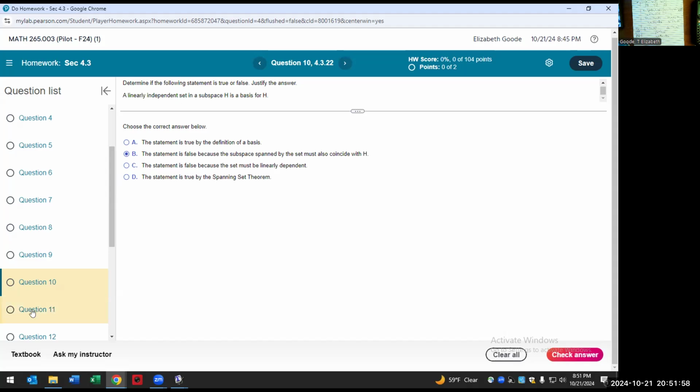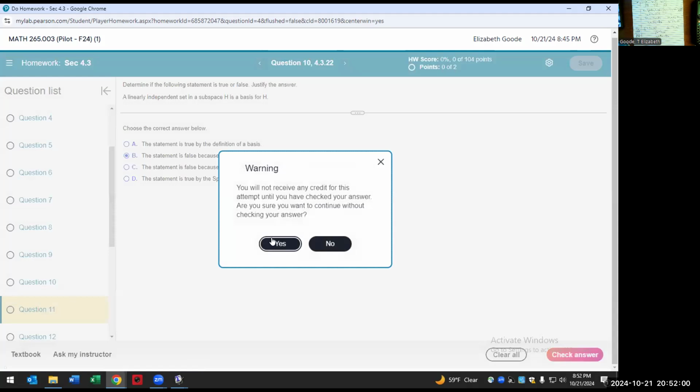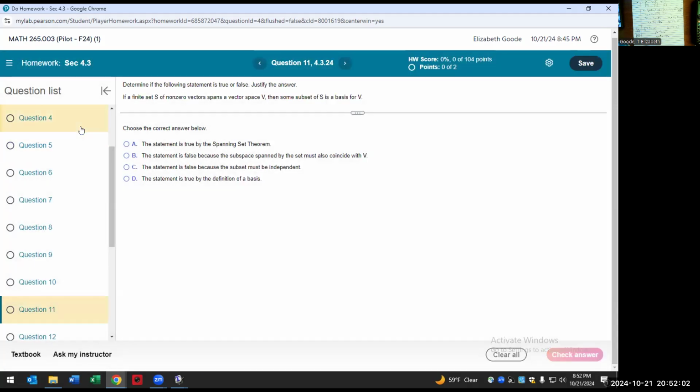Yeah. I do. And the next question is similar. It says if a finite set of non-zero vectors spans a vector space, then some subset of S is a basis. And that's true because if it spans, it means it's got everything you need to build V. And a subset of S could be all of S because S is a subset of itself.